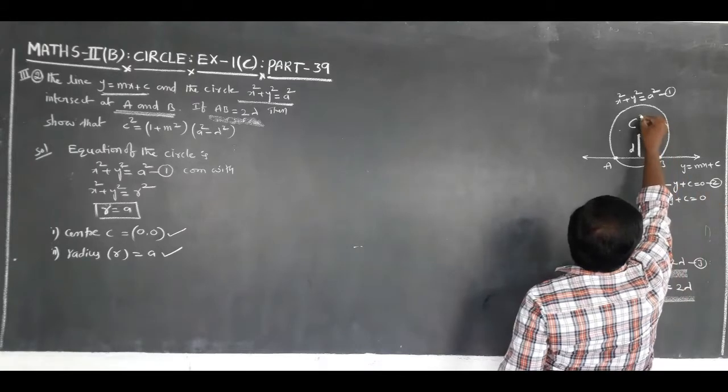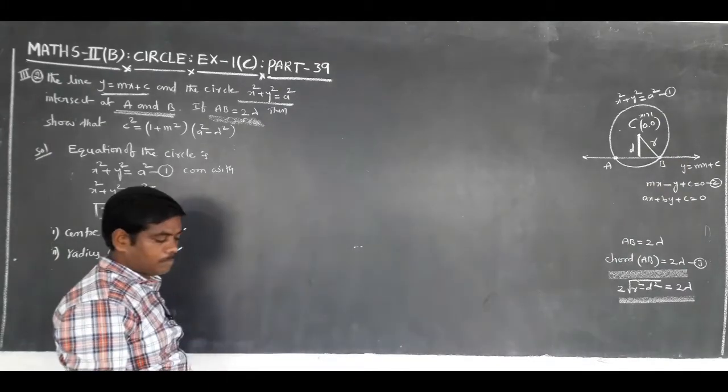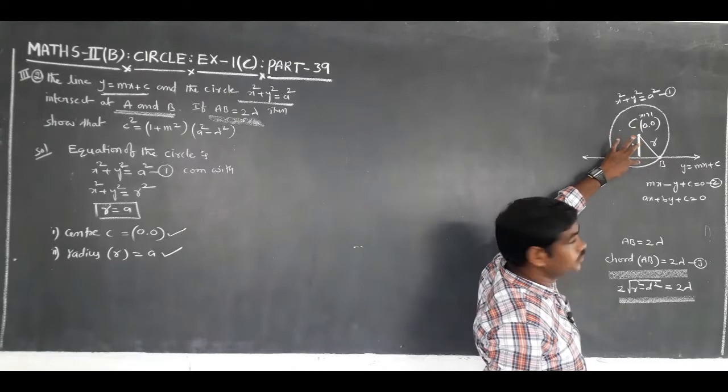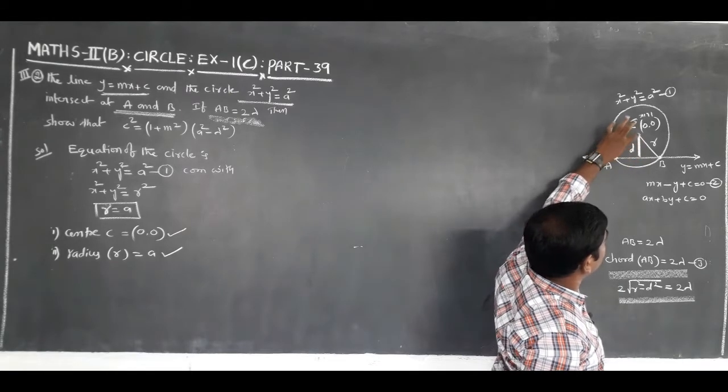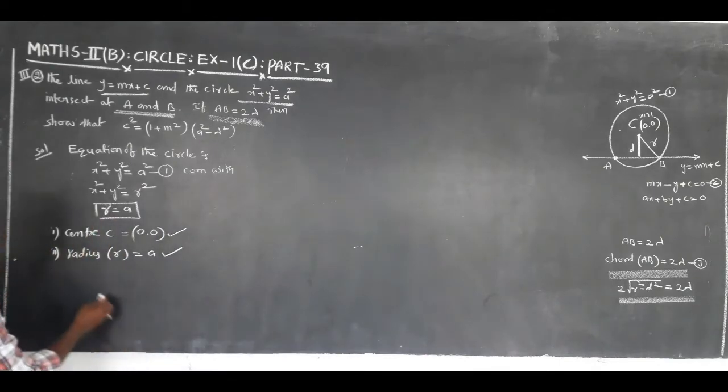This is the center, and this is the line. Here we find the perpendicular distance from the center to the line. d is the perpendicular distance from the center to the line.